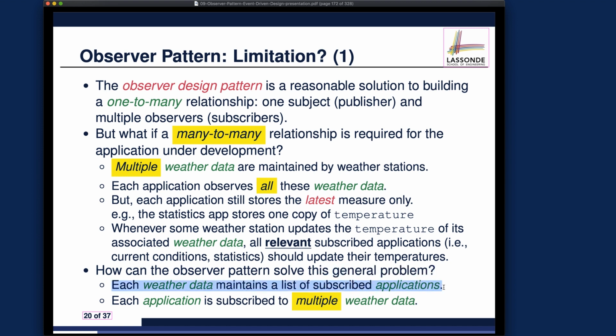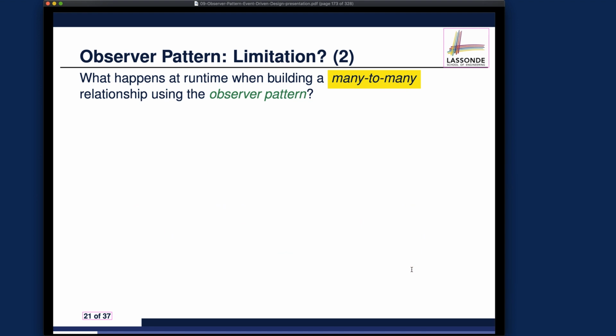But this second item here is the new bit. We want to make sure every application is also subscribed to multiple subjects. That's the new bit. Okay, so now let's talk about why this would be problematic. Think about what happens at runtime when you build a many-to-many relationship using the observer pattern. Before I show you the diagram, once I show you the diagram, it will definitely make sense.